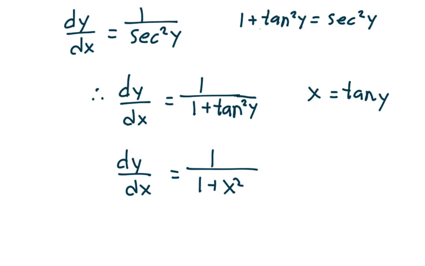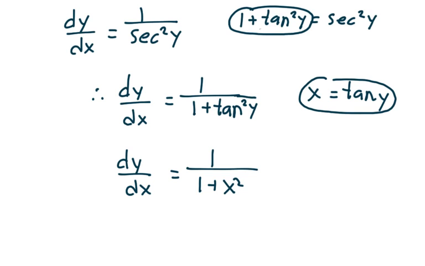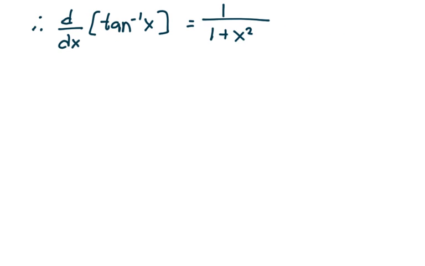And so I'm going to replace secant squared y with 1 plus tangent squared y. And so dy dx is 1 over 1 plus tangent squared y. But x equals tangent y. And so therefore dy dx is 1 over 1 plus x squared. And so therefore the derivative of arctangent x with respect to x is 1 over 1 plus x squared.